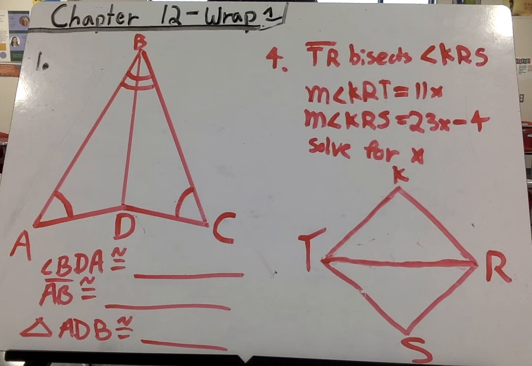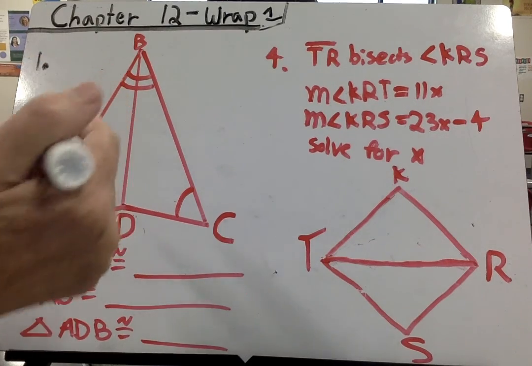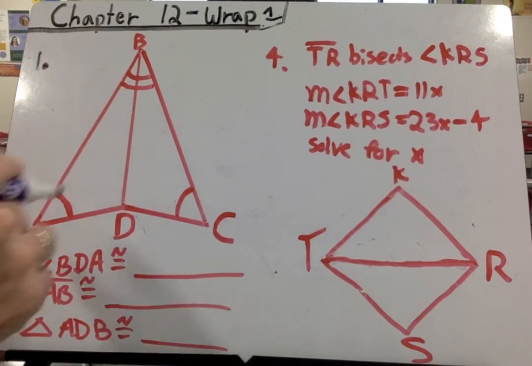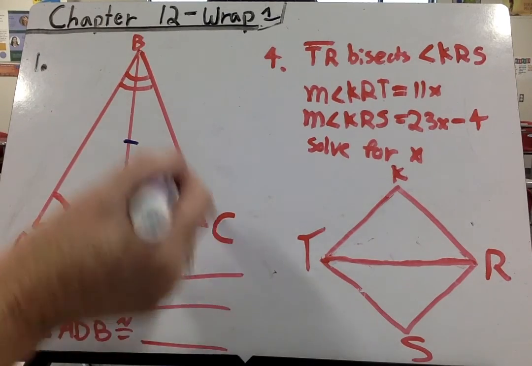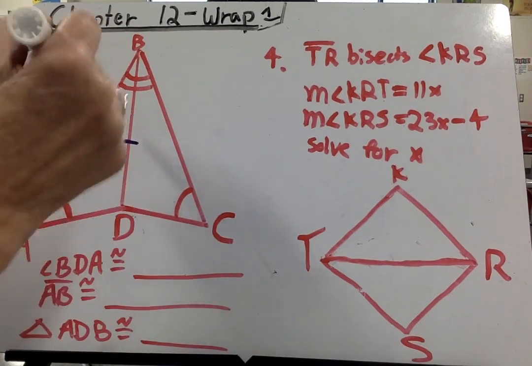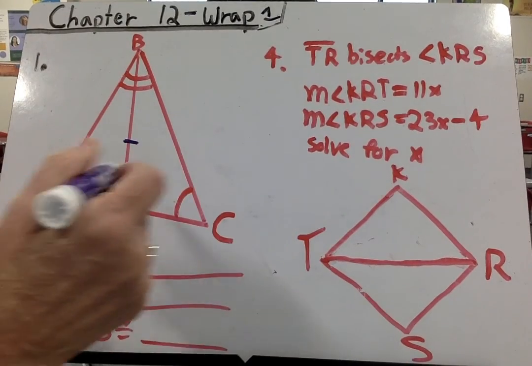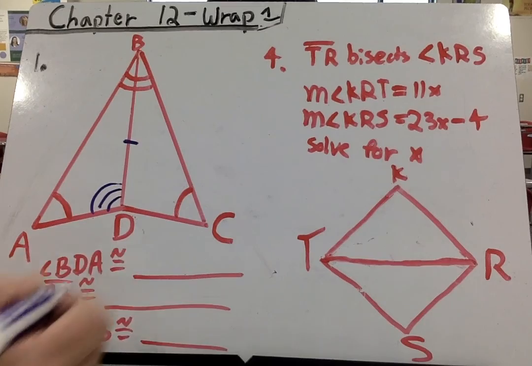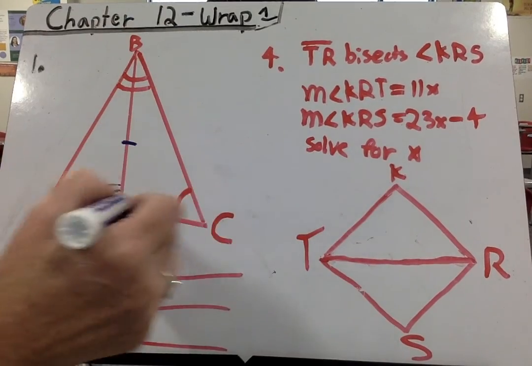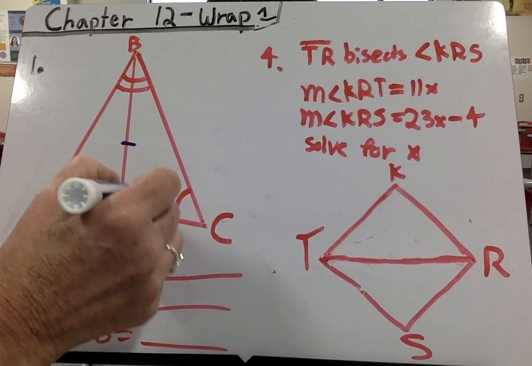Okay, so we know that these triangles are congruent. We know that's congruent by angle, side, because both of these sides are equal. We say BDA, this one, is congruent to which one? Angle BDC, this one.